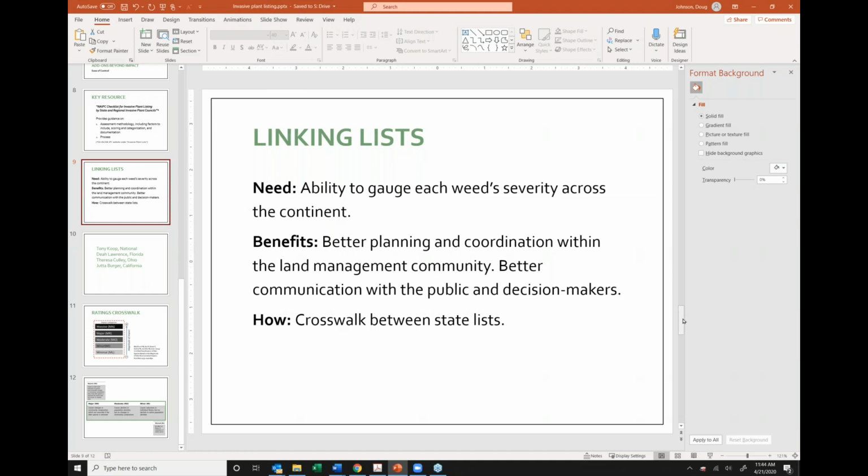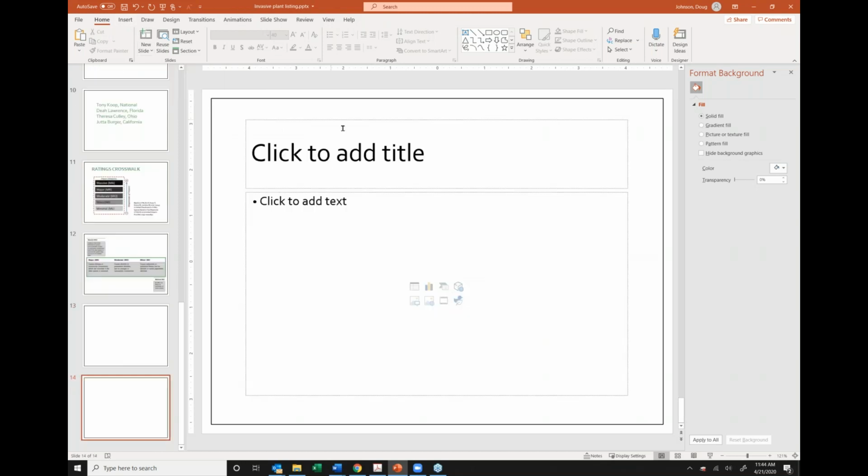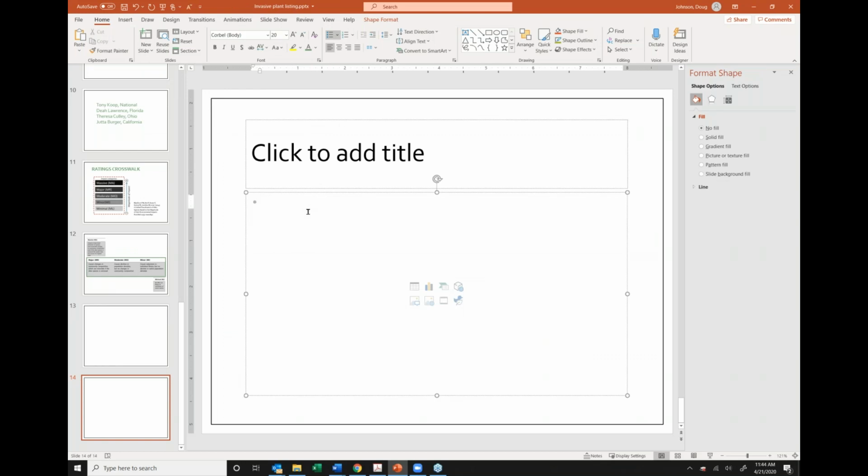And I feel like there needs to be some way to standardize across the different states. Not necessarily their list, but even just what they call things, like top, middle, those types of things. There needs to be communication.